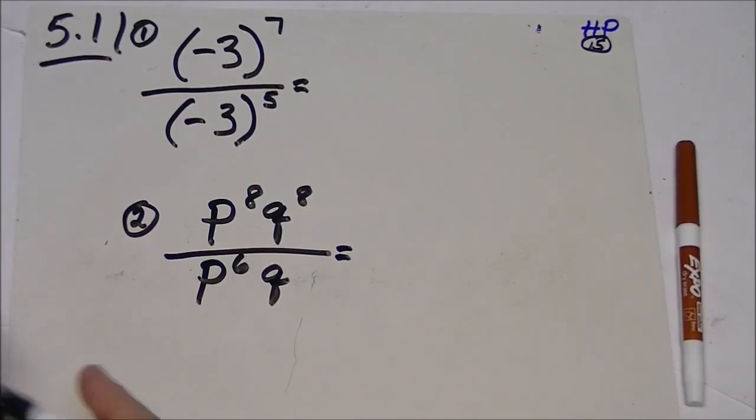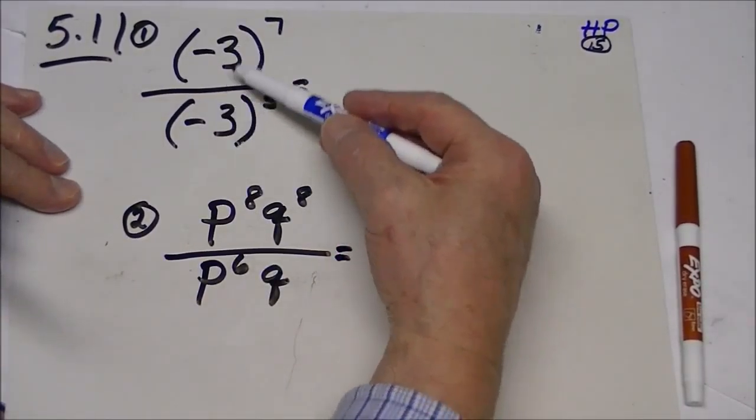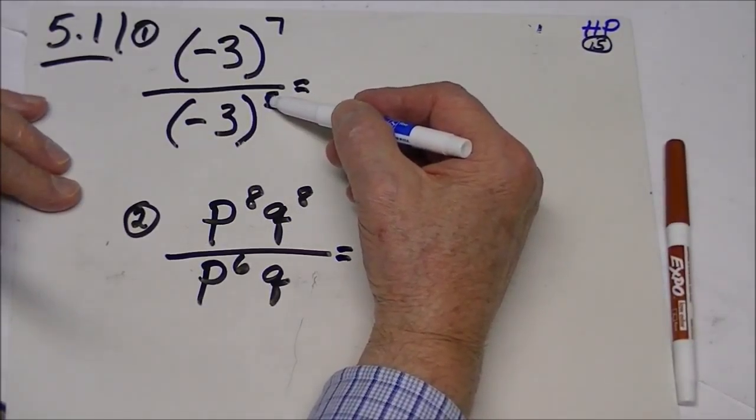Now, the rule for these: when we multiply variables with exponents, we just add them. If we're going to divide, we would just subtract, and that's what we do. So the rule is if our bases are the same, we just take the smaller one.